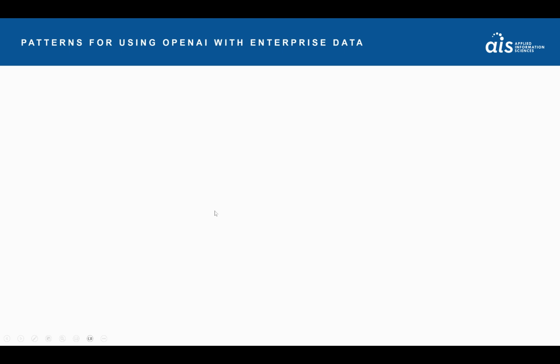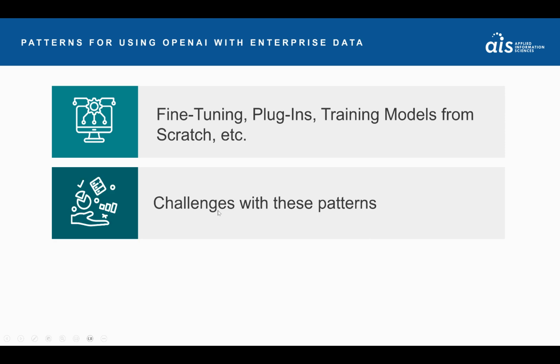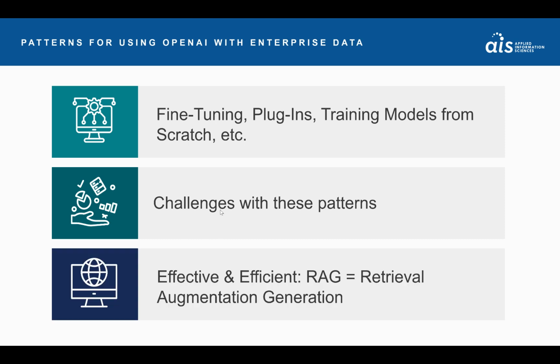So there are various patterns for achieving this. That's things like fine tuning, plugging, training models from scratch. Each one of them has its challenges. For example, fine tuning is only available for GPT models prior to 4.0, whereas training a model from scratch is quite expensive because of the skills required as well as the infrastructure needs for training a large model from scratch.